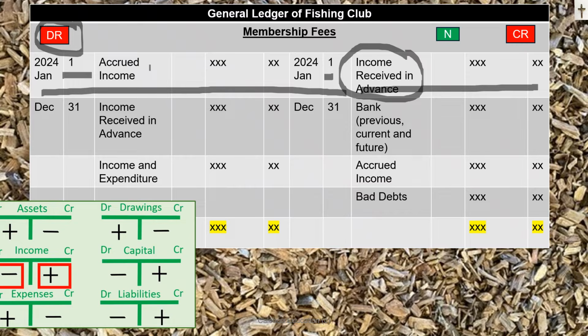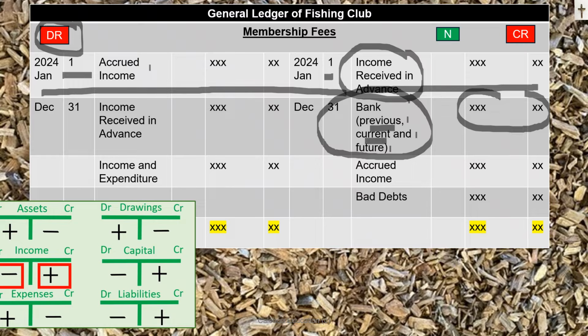Then we're going to have an entry for all the money that is actually collected, the cash from the previous year, the current year, and next year. Because you do receive money when, say, for example, people that were in arrears from the previous year pay us.